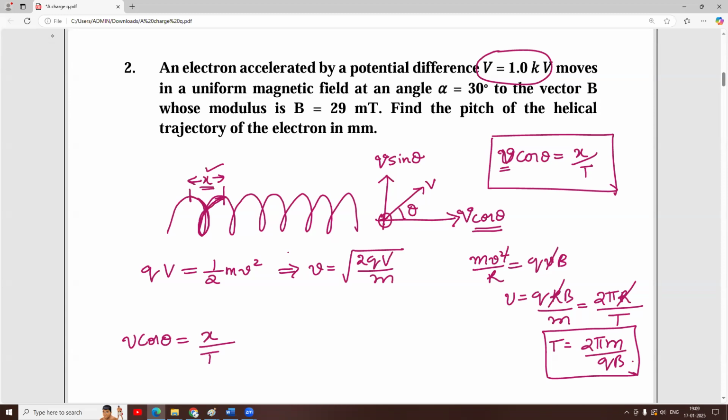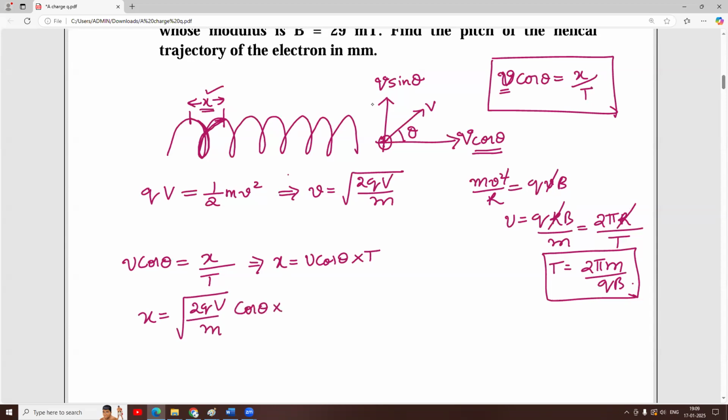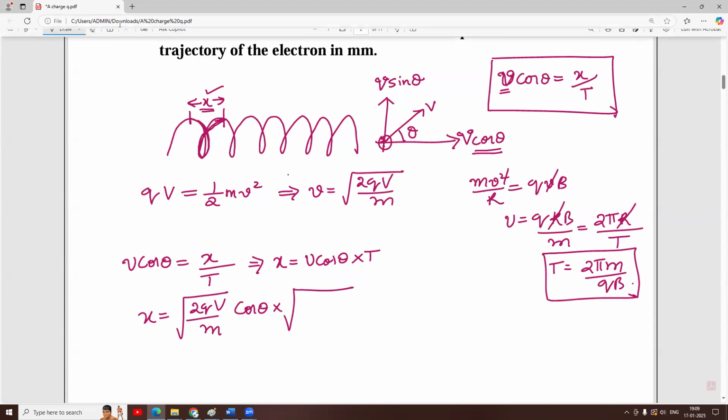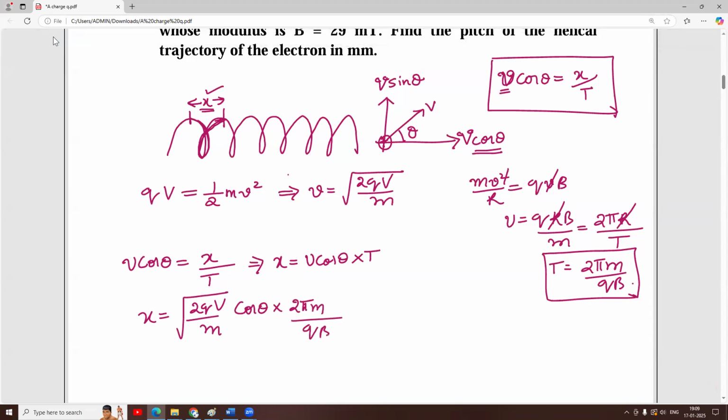Pitch is x, so x is equal to v cos theta into T. x is equal to v, which is the square root of 2q potential difference by m, cos theta into time. Time is 2 pi m by qB.